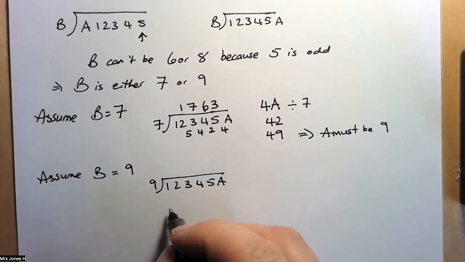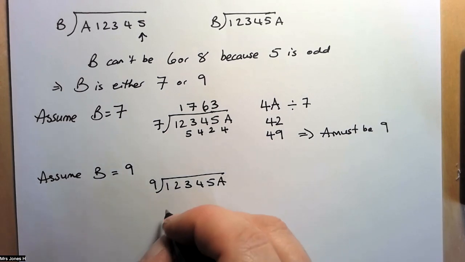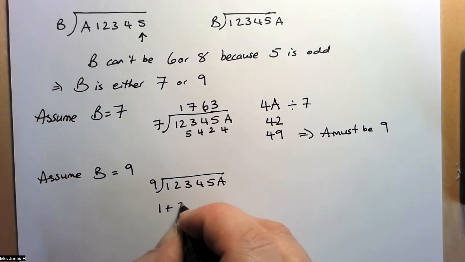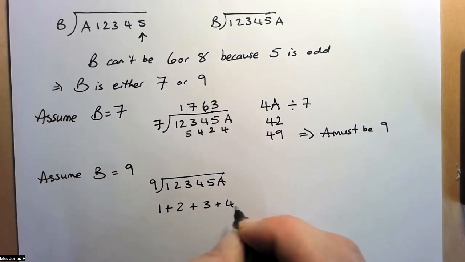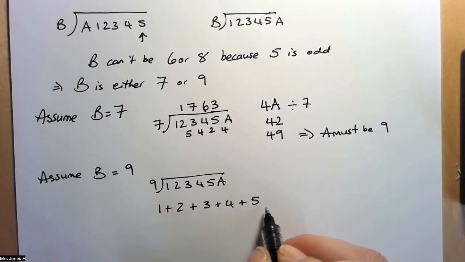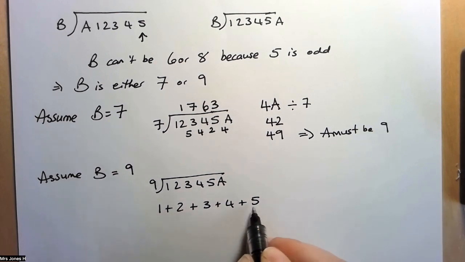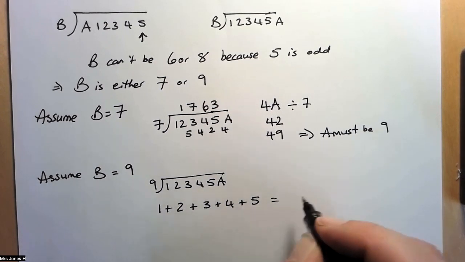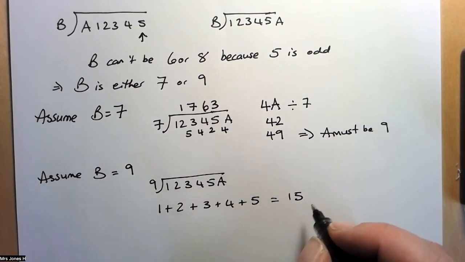Now, what I'm actually going to do here is add the digits rather than doing the division. I know that any number that's in the 9 times table, if I add the digits together, the sum will be in the 9 times table too. So I add those together and they make 15.